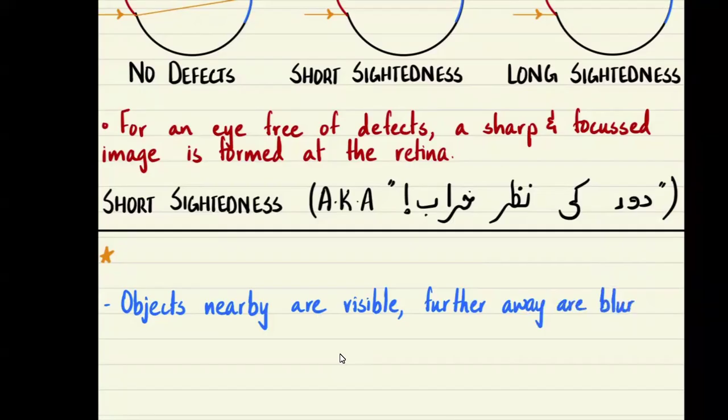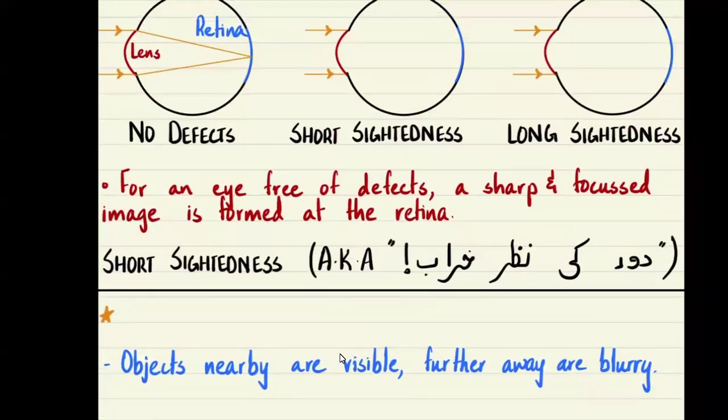Now, how would you remember what short-sightedness is? Because this is also a task. Short-sightedness basically means that the image forms a short distance after the lens. All right, and the image, as you know now, is formed where the rays cross over.